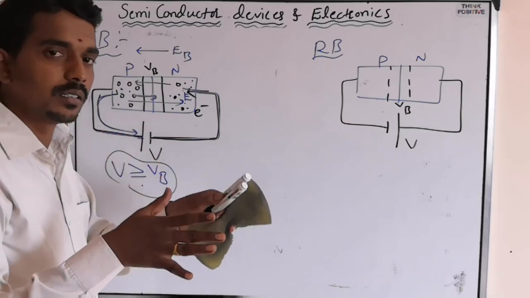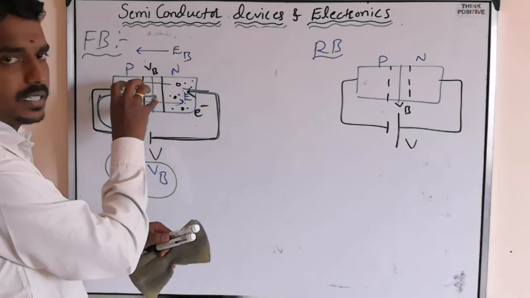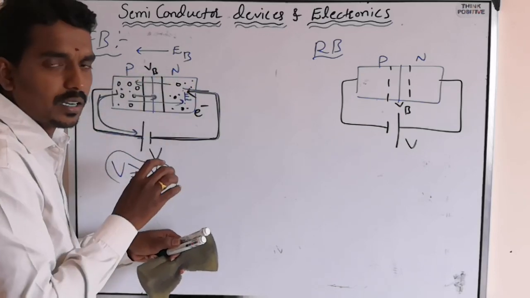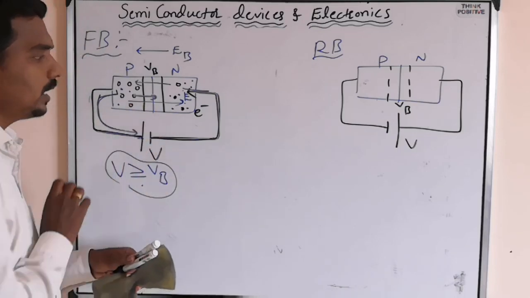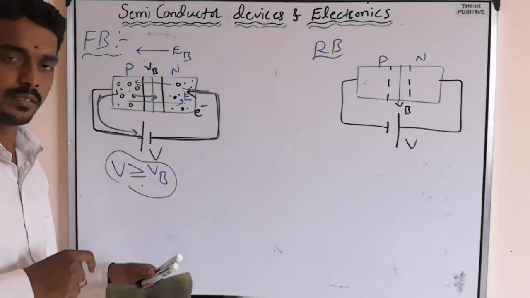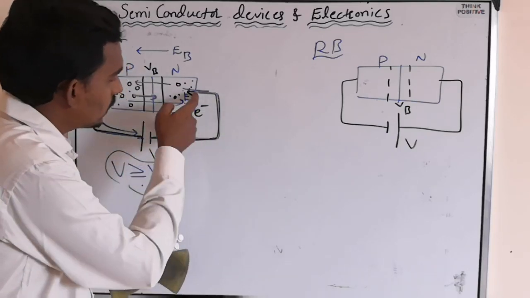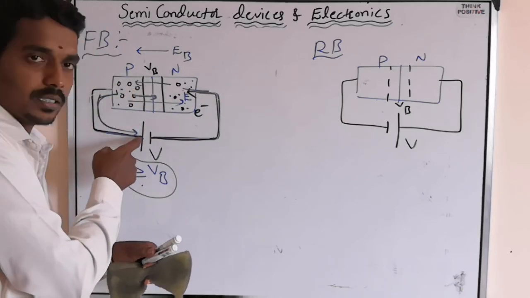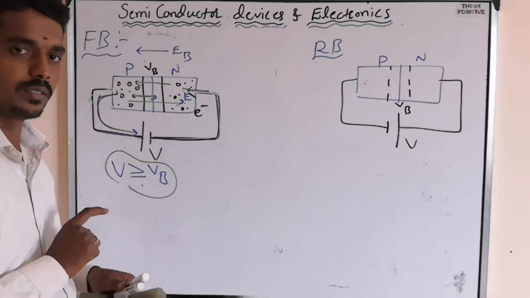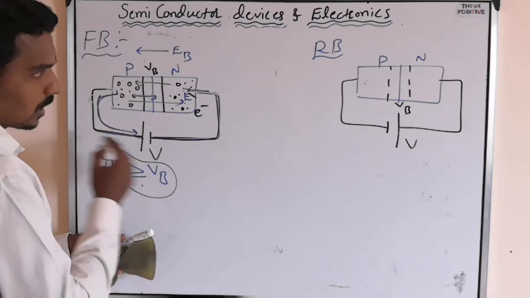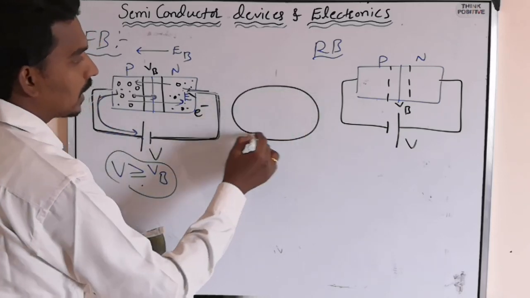So it balances. The number of charge carriers inside the junction diode always remains the same. Only the flow happens. One electron enters, one electron leaves. So this is the path of the electron.